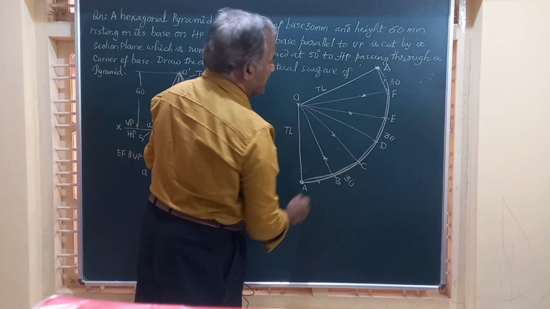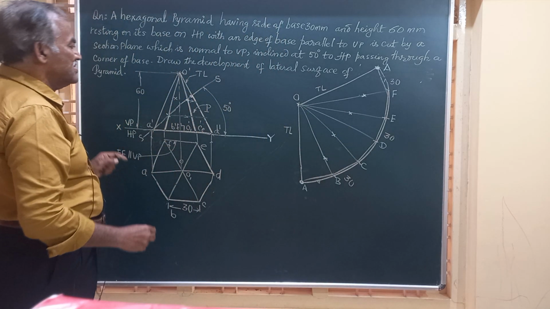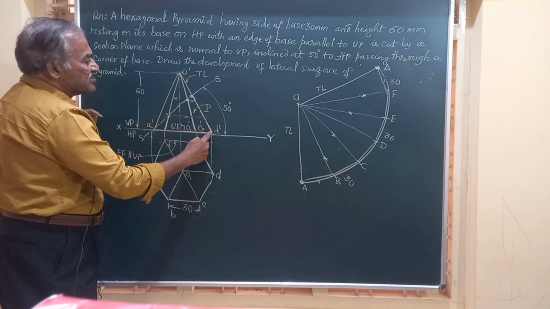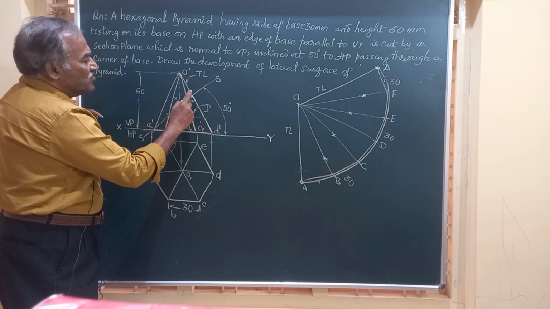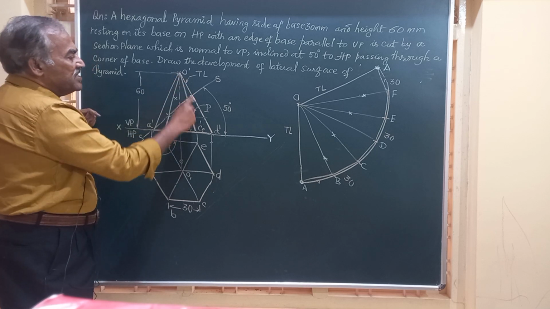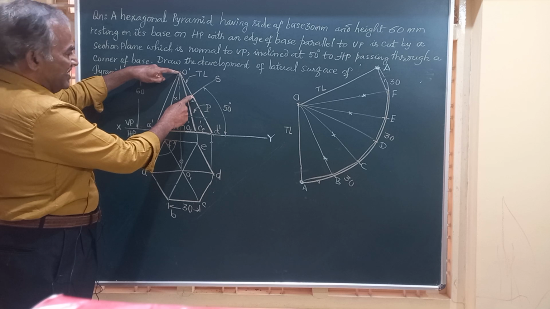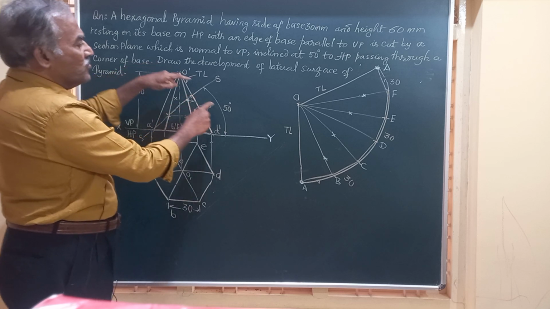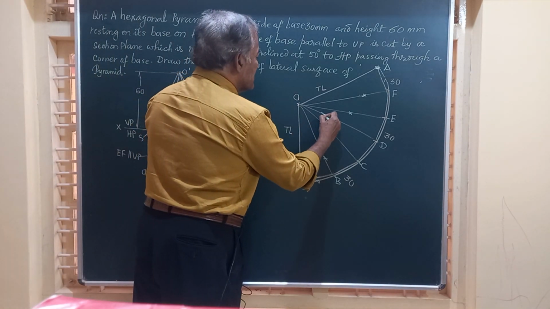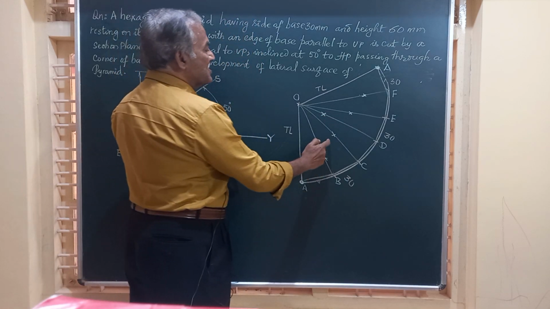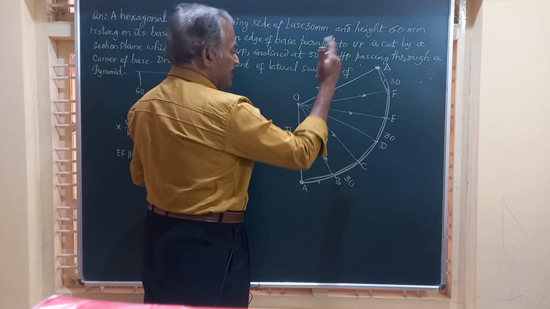Same measurement we are taking. And friends, the section plane finally is cutting this last slant edge OD at this point. OD is the true length. Hence, I take this measurement directly and mark on OD. OD is here. So friends, we have got 1, 2, 3, 4, 5, 6 points.